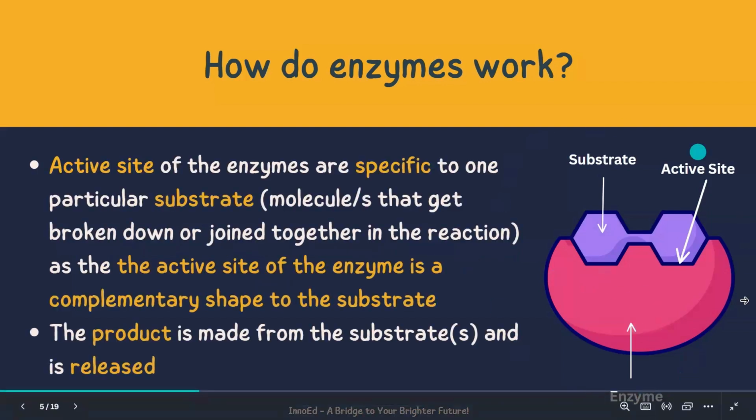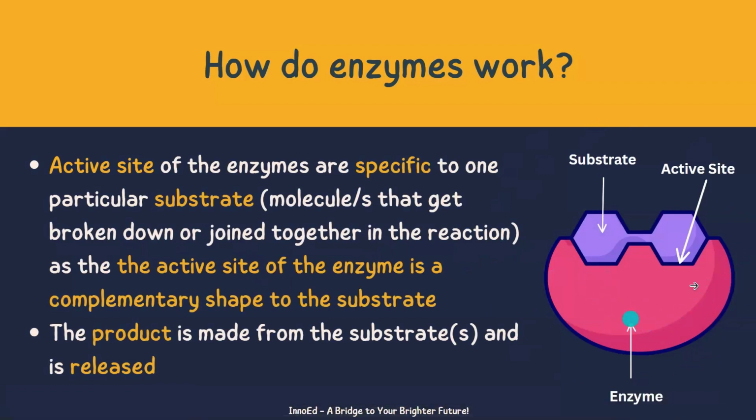So let's look at this picture. This is the enzyme. The pink thing here is the enzyme. And this surface that I just drew is the active site, which means it is the site where most of the work is done.